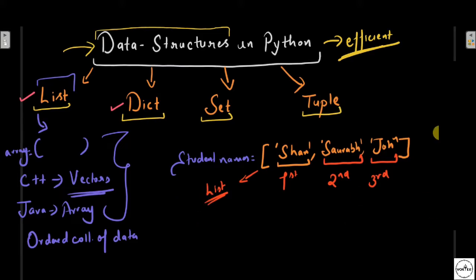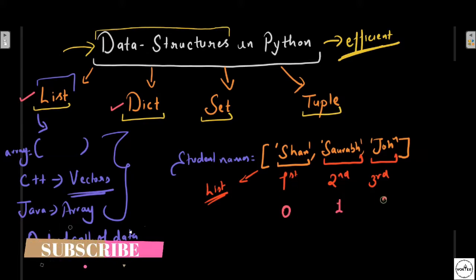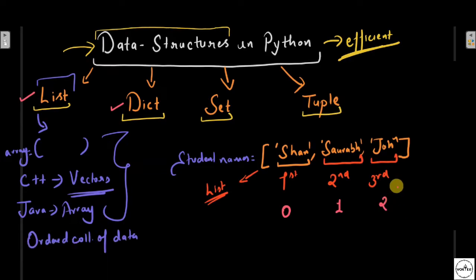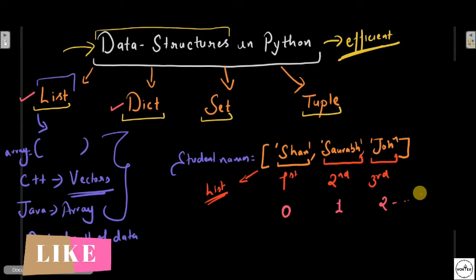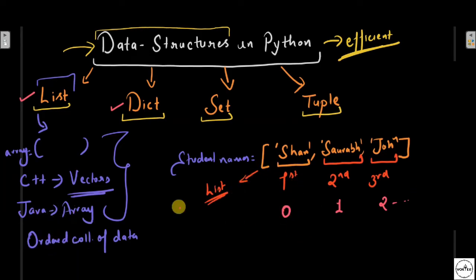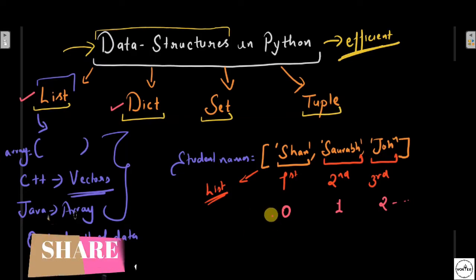By default, indexing is as follows. The first gets index 0, the next gets assigned 1, then 2. If we have more elements, it will go on and so forth. It means the default index from which my list starts is 0.